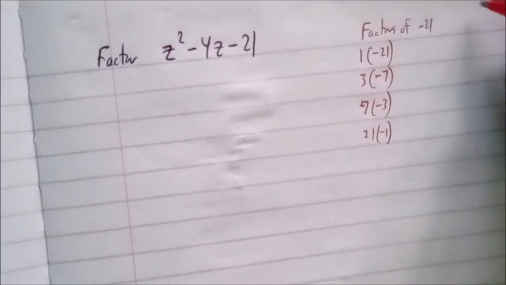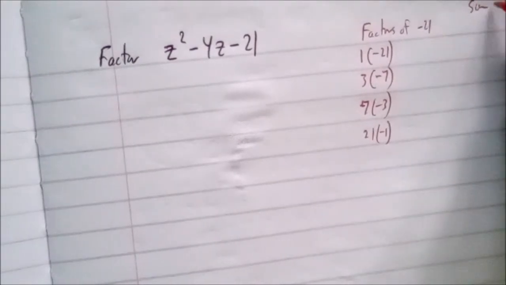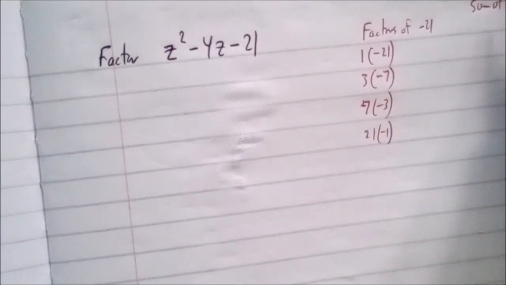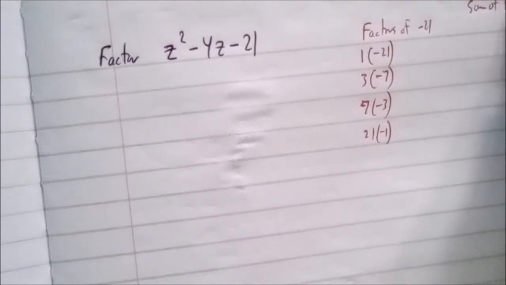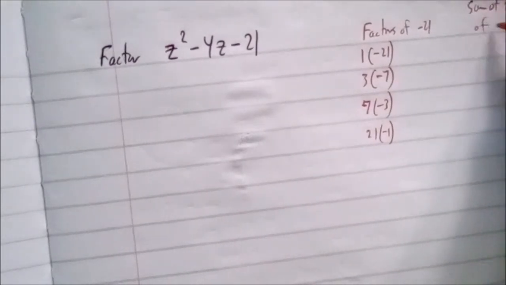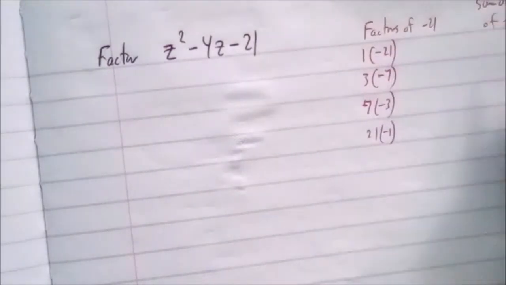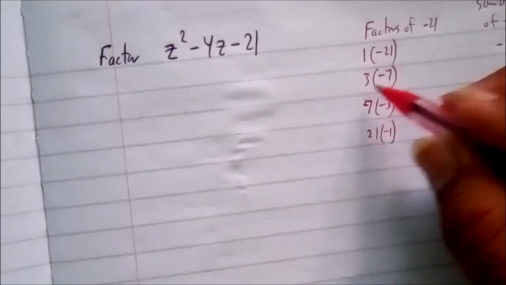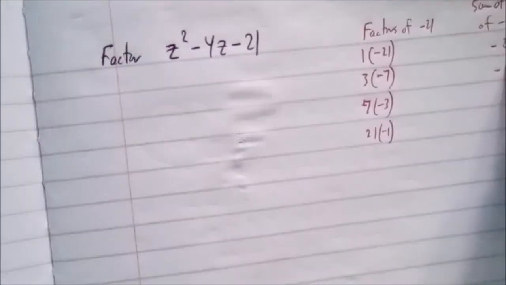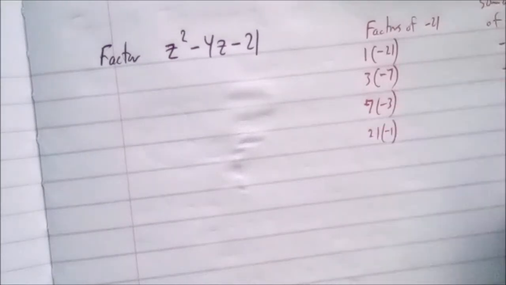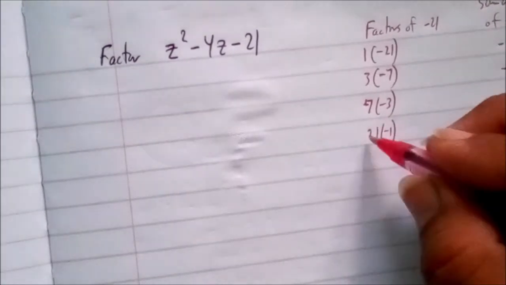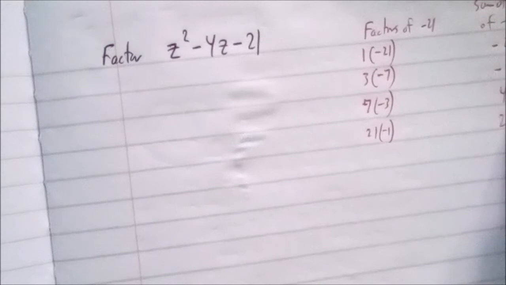Now the sum of those possible combinations of factors of negative 21. 1 plus negative 21, negative 20. 3 plus negative 7, negative 4. 7 plus negative 3, positive 4. 21 plus a negative 1, 20.